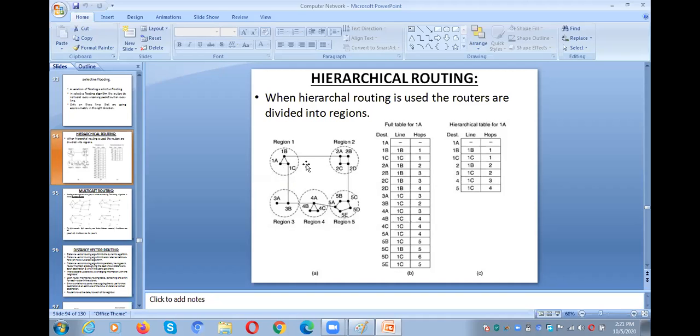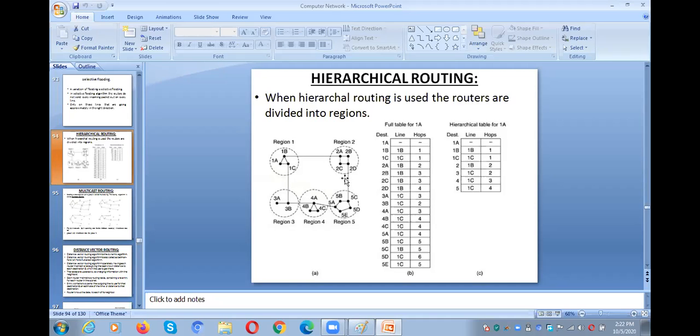What is the routing table for 1A? 1A has to maintain a routing table with 17 entries. Why? Because 1A to 1A, 1A to 1B, 1A to 1C, 1A to 1D, 1A to 2A, 1A to 2B, 1A to 3C, like that, from 1A to all the remaining nodes. What is the distance? What is the number of hops required?